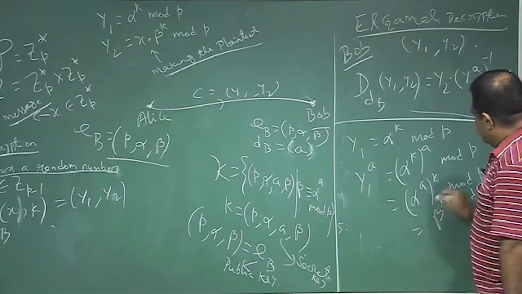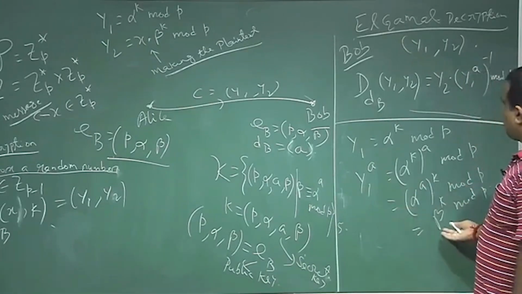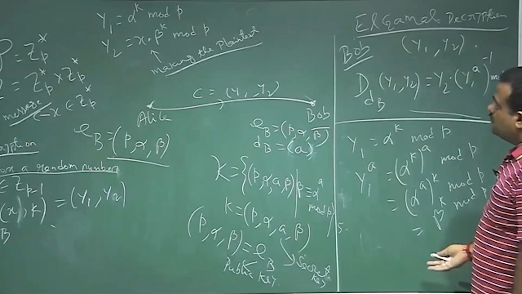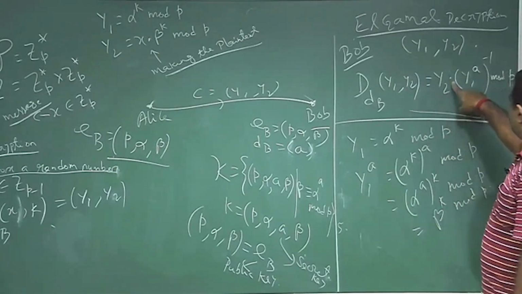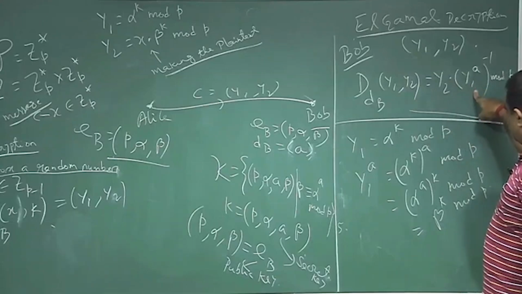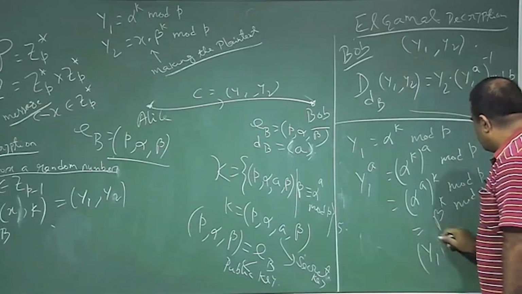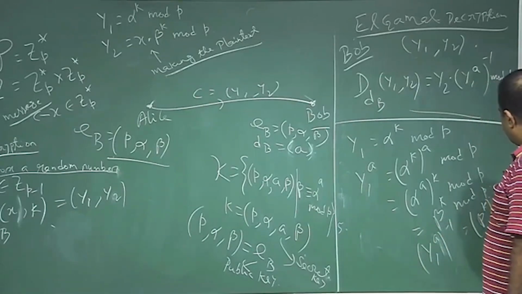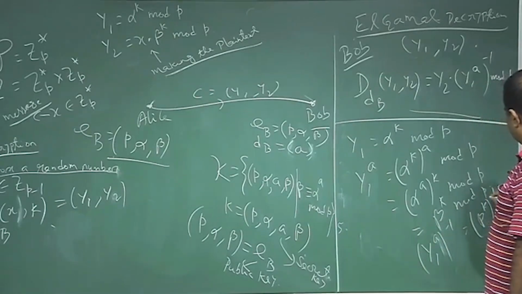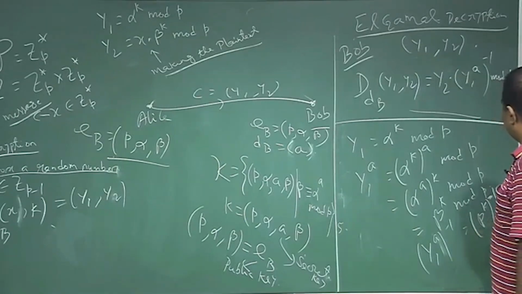Now, what is y2? Basically we are doing y2 into the inverse of y1 to the power a, which will give us beta to the power k inverse mod p.